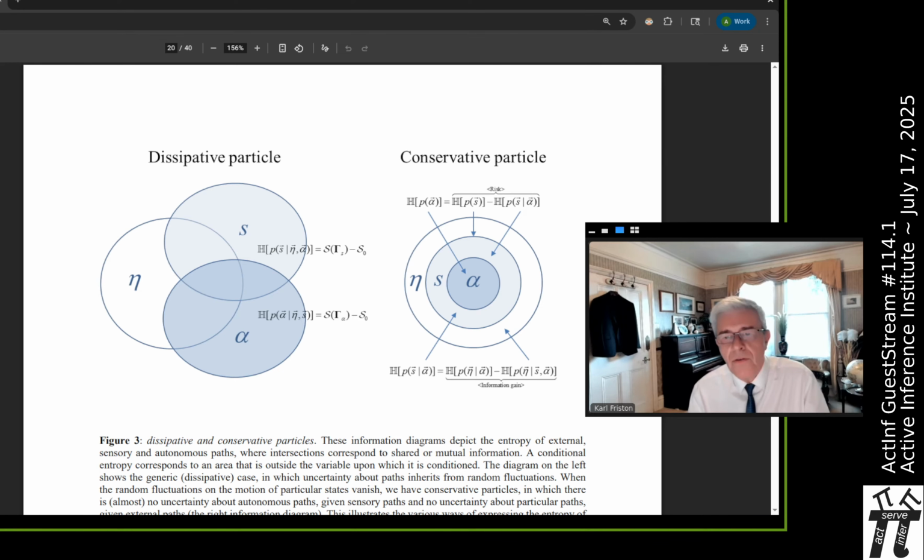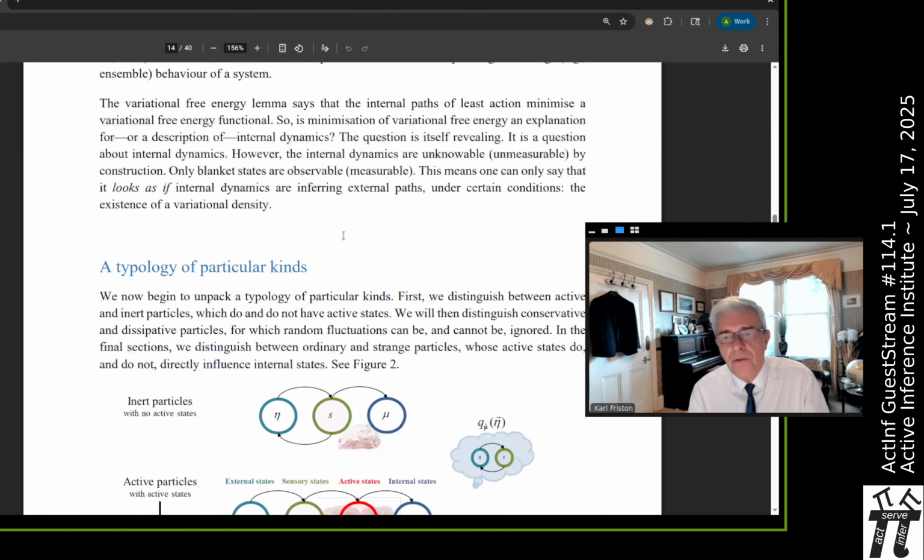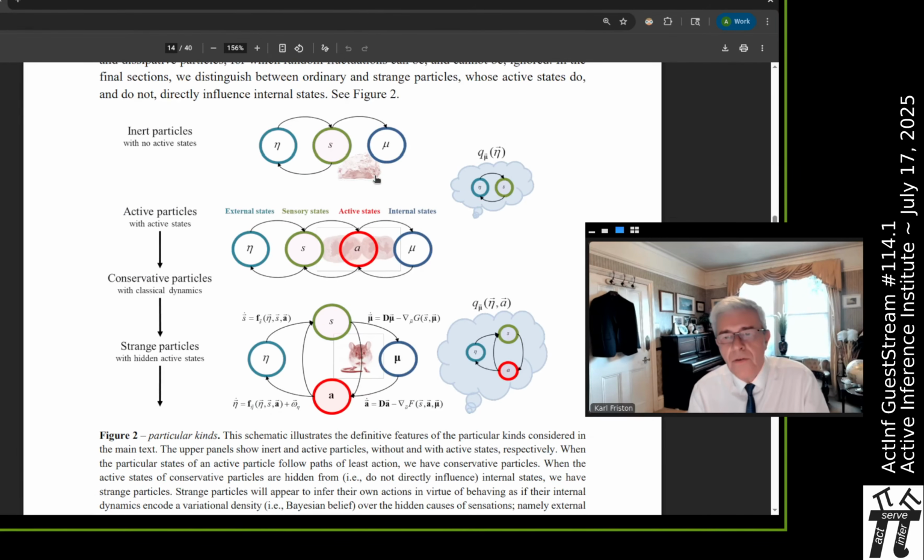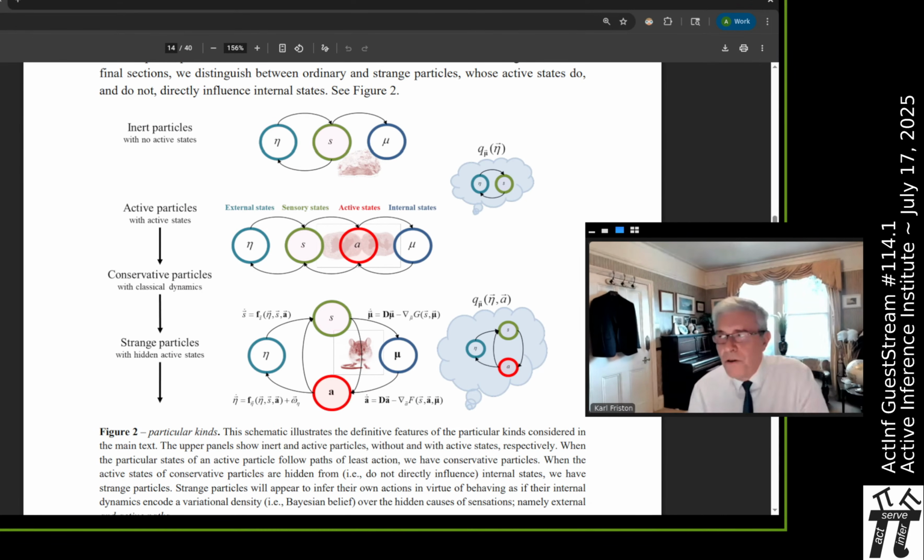So you've now got this interesting situation where you've got posterior beliefs, or you can be described as having, as if you had posterior beliefs about your own action. Now, if you've got posterior beliefs, you must have prior beliefs. If you've got prior beliefs about your own action before it's happened, you have intentions. So at some level, there's a bright line between things that do and do not have intentions.